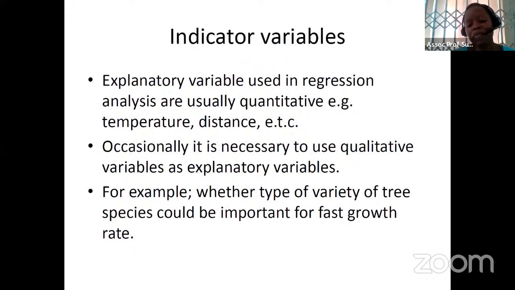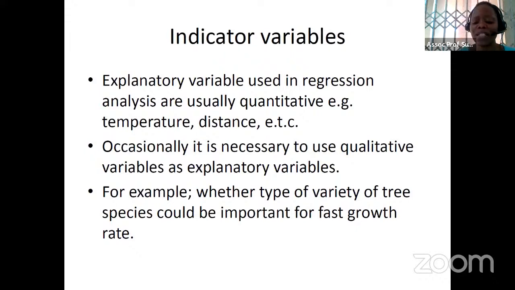So we look at the number of categories per independent variable. So assuming we have an independent variable like variety of tree, and then the varieties are 2. So the number of dummy variables that will be created is equal to the number of levels under the categorical variable minus 1. So if there are 2 categories minus 1, that implies we need only 1 dummy variable.